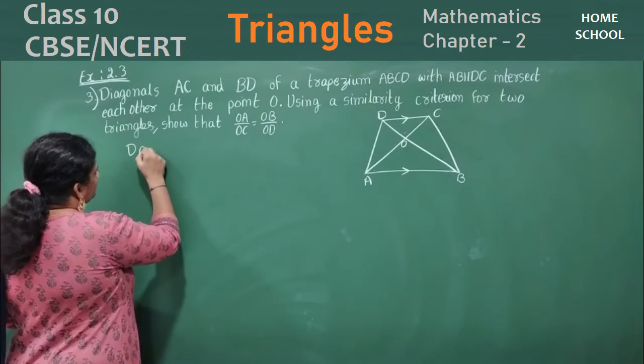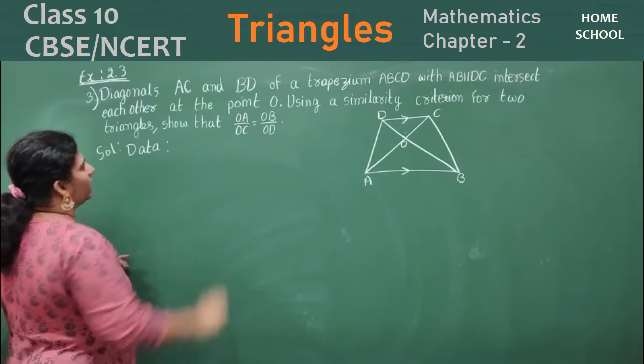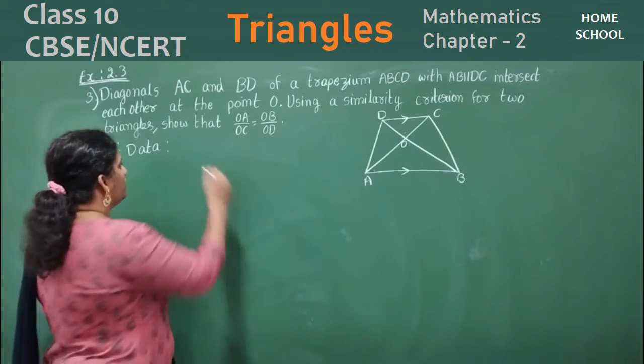Given data. Always we start a proof with the given data. What's the data given here?